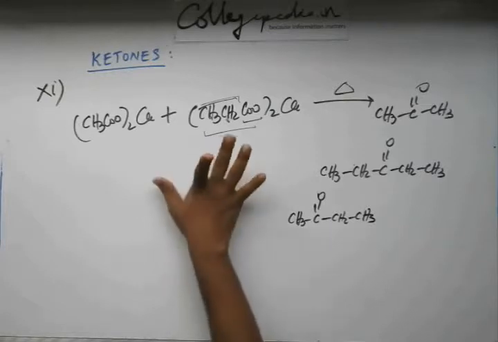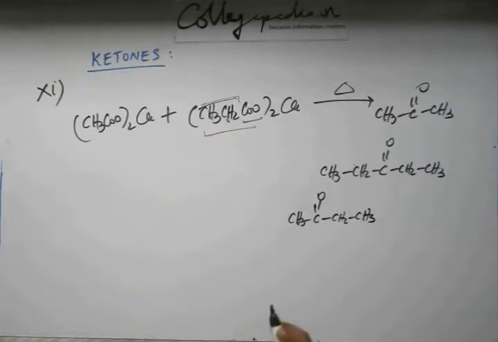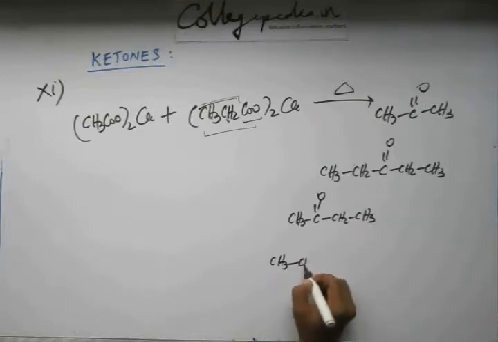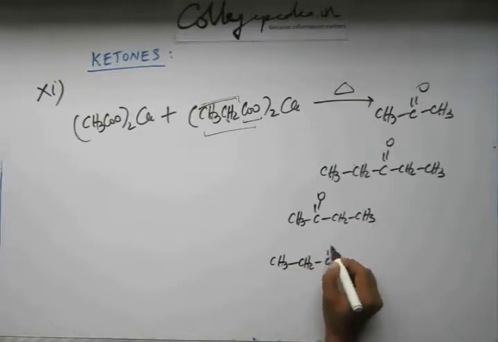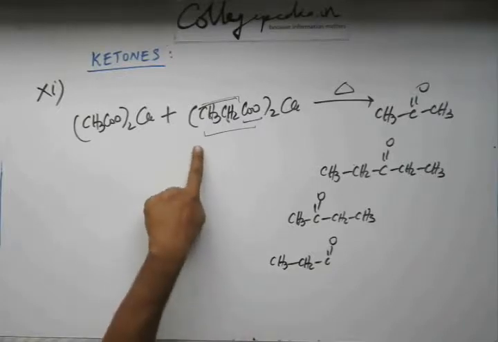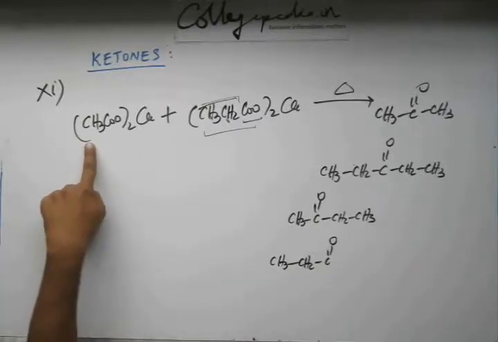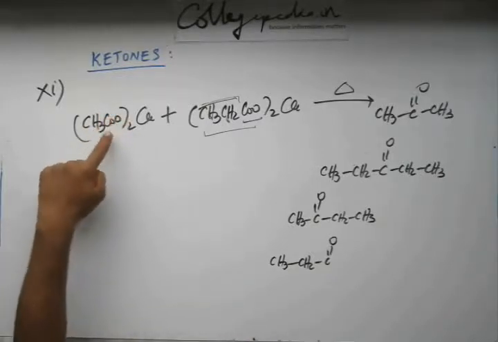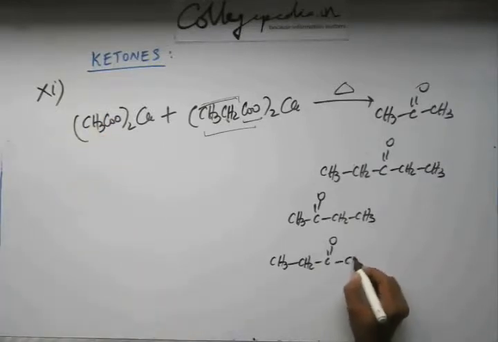You can start from this propanoate as well. If you have to combine these two, you can start writing propanoate, CH3, CH2, C double bond O. This is coming from propanoate. And for ethanoate, this CO2 won't come because this is going in carbonate. So you'll have just this methyl, right?